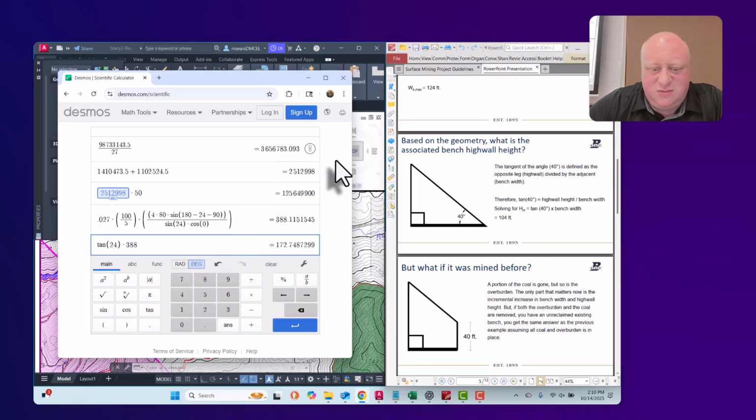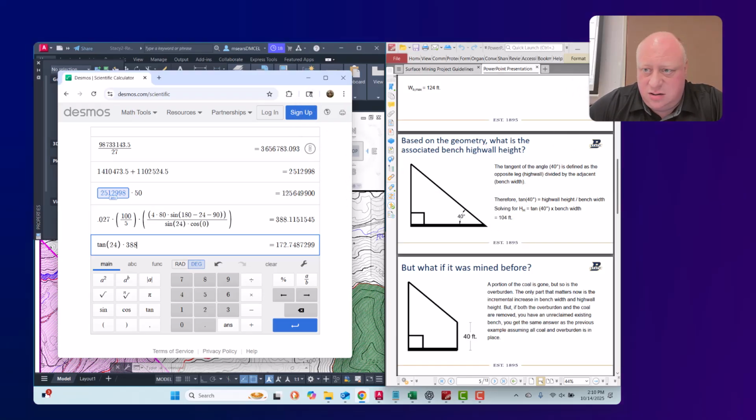And once again, we get this huge high wall height. It's $100 a ton coal, which is pretty good when you're selling it raw. So we're not going to be able to mine that. Like I said, it's too tall without a safety bench.